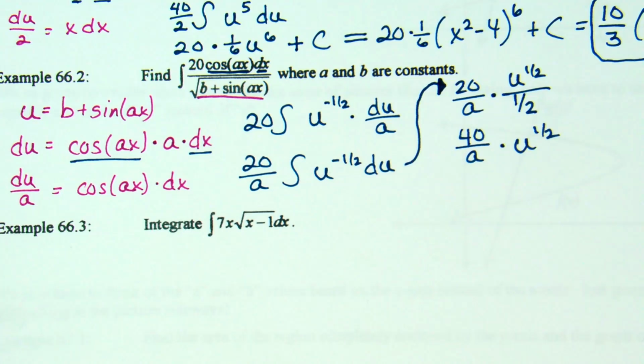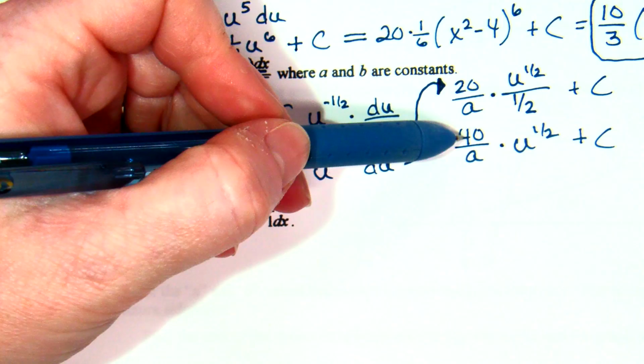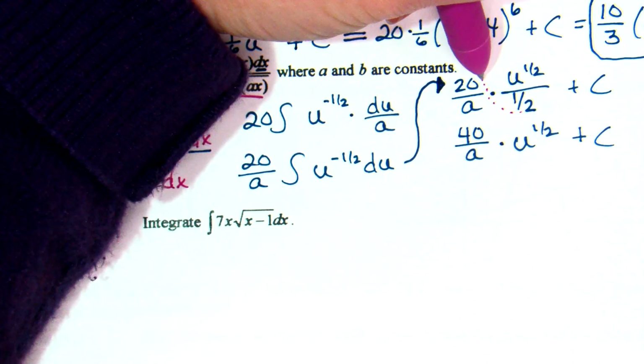What do I need to write in before I go any farther? Plus c. I made this 40 over a because I was taking the 2 from there. So it depends where you put your 2. Okay, what's my final step? Yeah, substitute the u value back in, right?